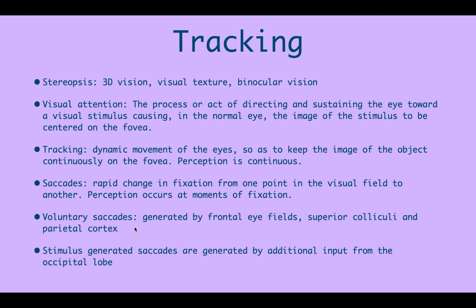Voluntary saccades is going to be generated by the frontal eye fields, the superior colliculi, and the parietal cortex. The stimulus-generated saccades is going to be generated by additional input from the occipital lobe. So for the voluntary saccades, like back with the bird in the cloud, you are actively switching from bird to cloud. The stimulus-generated saccades is when you're a bit startled.